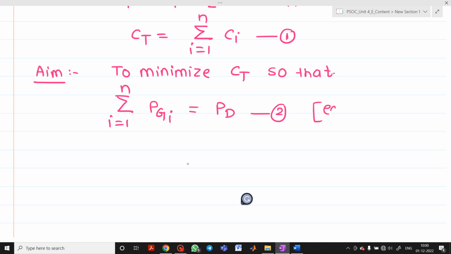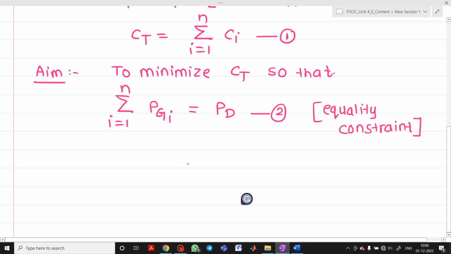This is called an equality constraint. Why is it called an equality constraint? Because whatever the demand is, at least that much generation has to be there. Here we are neglecting losses. So our aim is to minimize CT, so that summation i equal to 1 to n of Pgi will be equal to PD, which is your equality constraint.